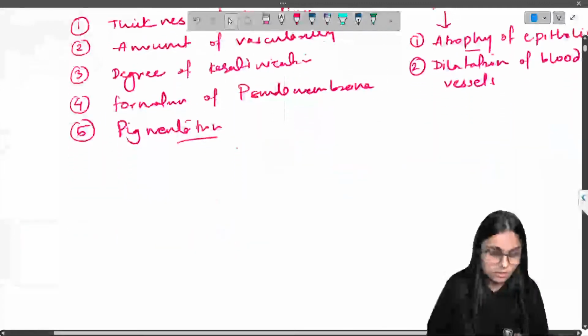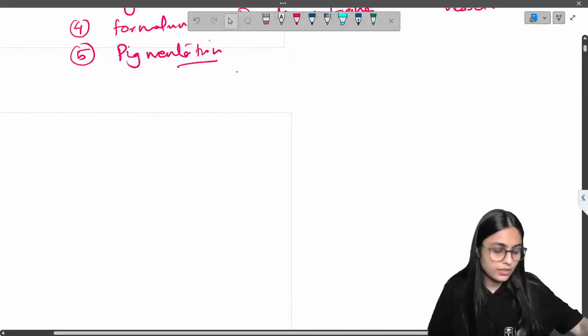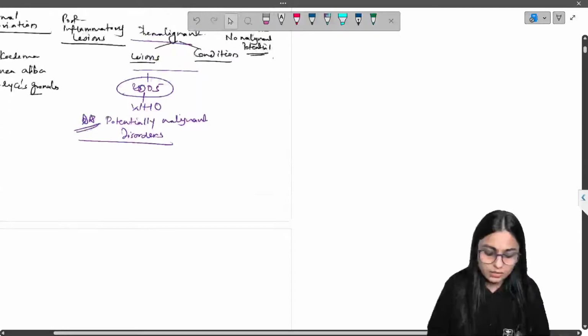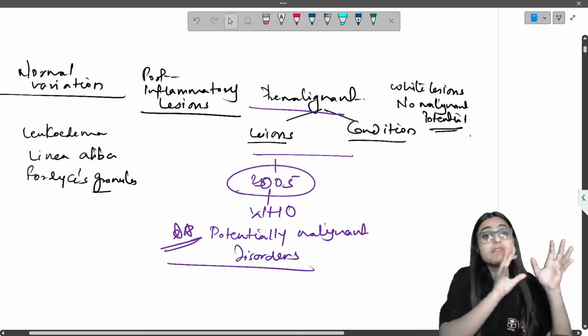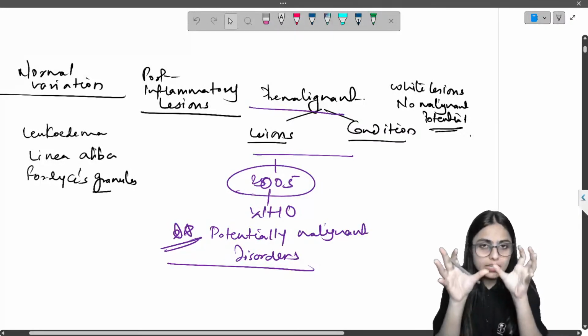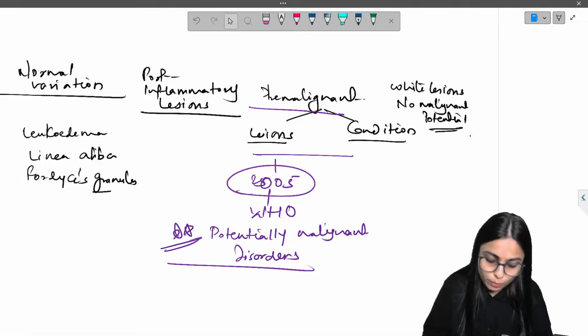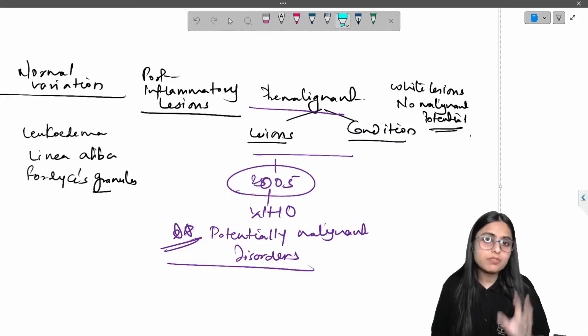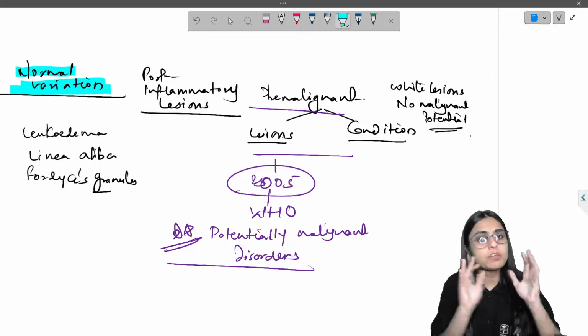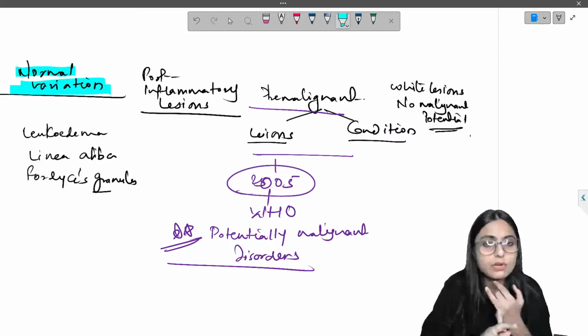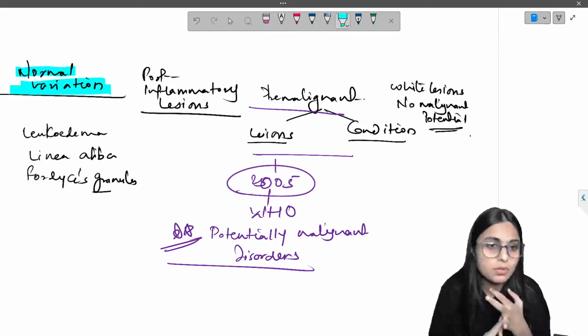Now I am going to start with the lesions, which I have classified into groups. Starting with the first, we are going to see normal variation of mucosa. There is no benign process involved, there is no malignant process involved.